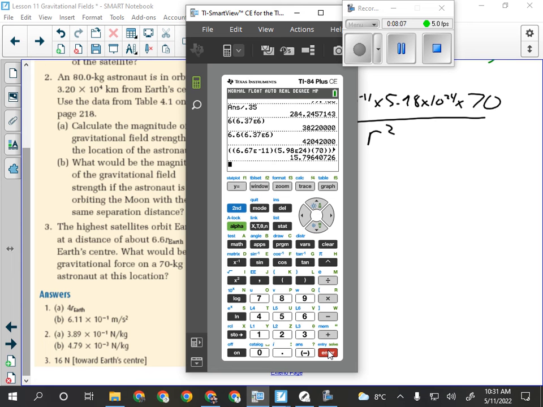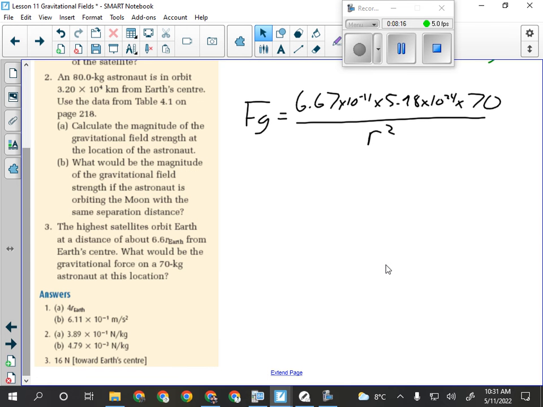Okay, so 16 newtons is the gravitational force that object experiences. It's just wording, just stuff we've got to watch out for and be alert for.